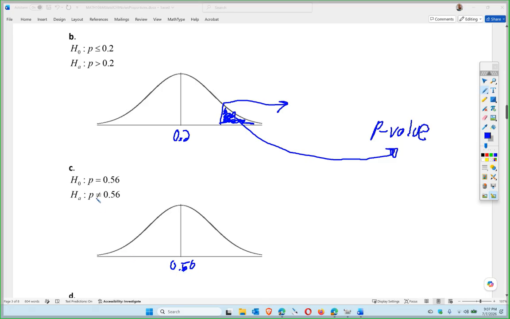A two-tailed test would be not equal to, so it means it could be less than or greater than. So we have this area and we have this area. This area is half of the p-value, and this area over here is the other half of the p-value. So with a two-tailed test, when it's a not equal to, it's area on both sides essentially. Both of those together is the p-value.